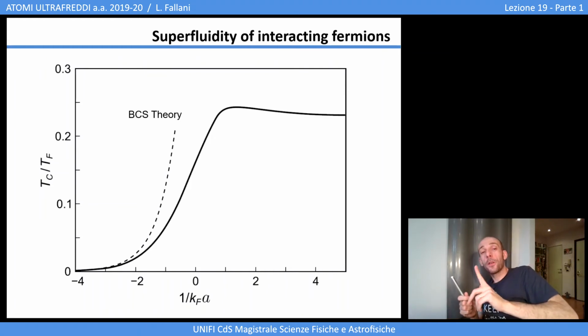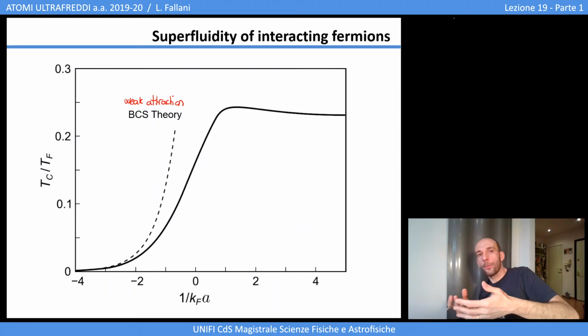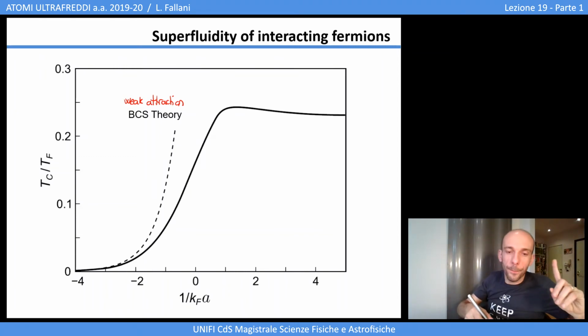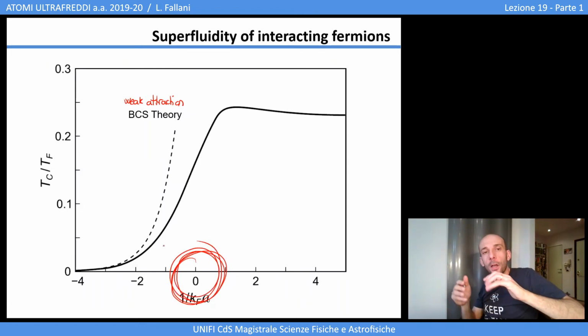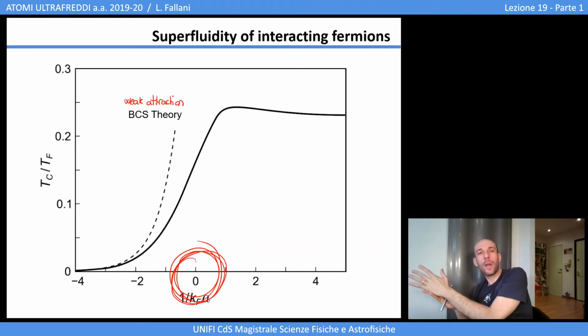So the BCS theory only works for weak attraction, in a kind of perturbative regime. But here, what happens when this parameter is close to zero is everything but perturbative. So here the interaction strength is very large.